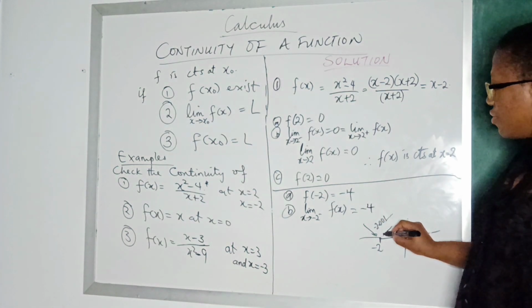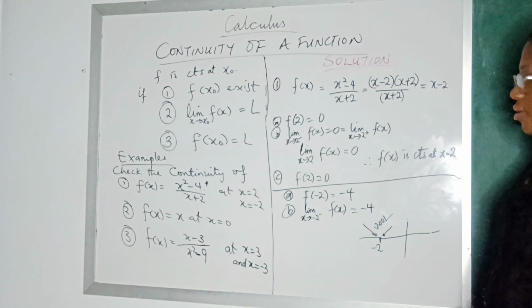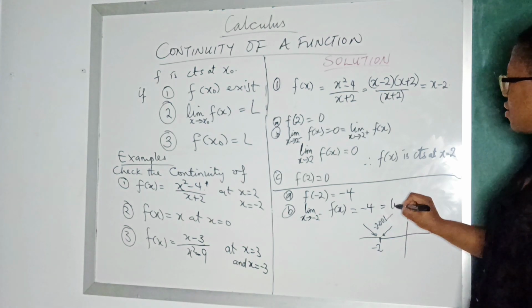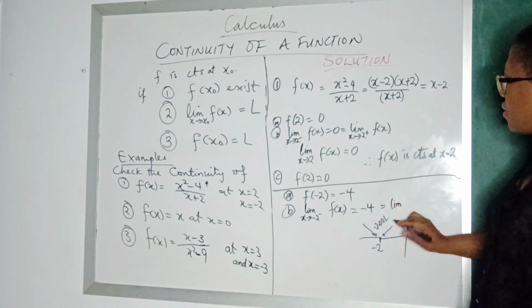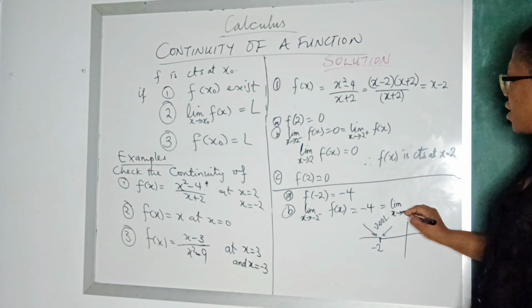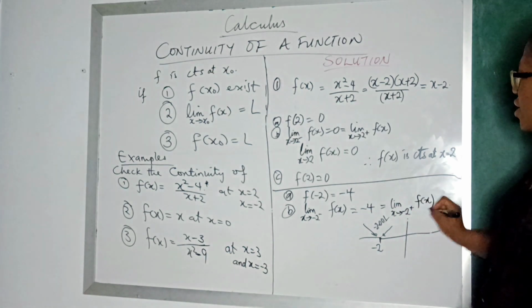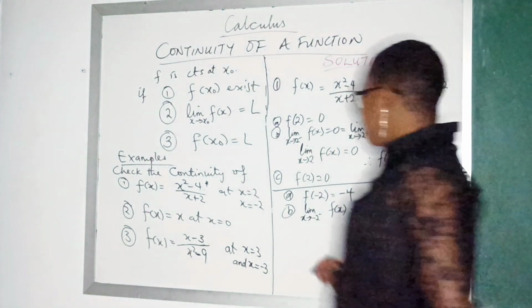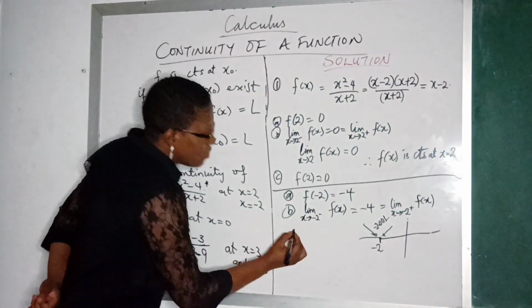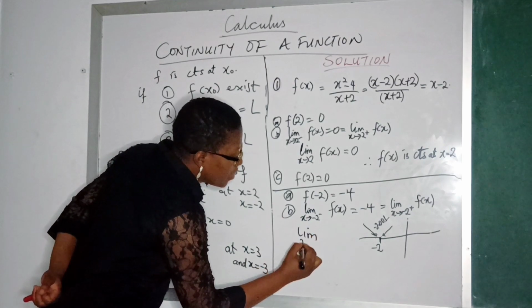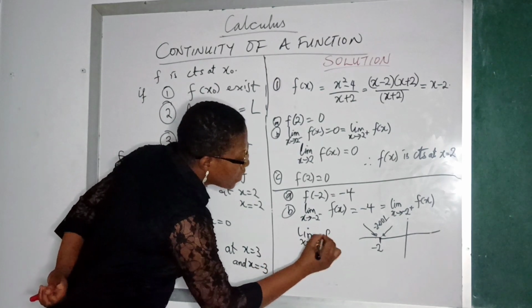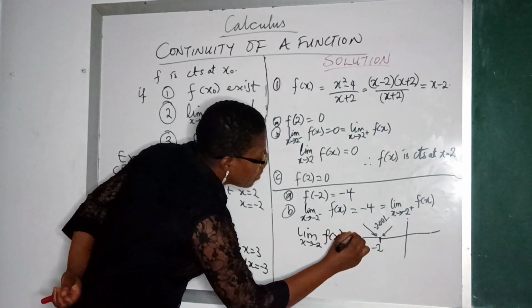And the same thing happens this way. So we have the limit as x goes to minus 2 from the right hand side of f of x is still minus 4. So what does that mean? It means that the limit exists. The limit as x goes to minus 2 exists and is equal to minus 4.